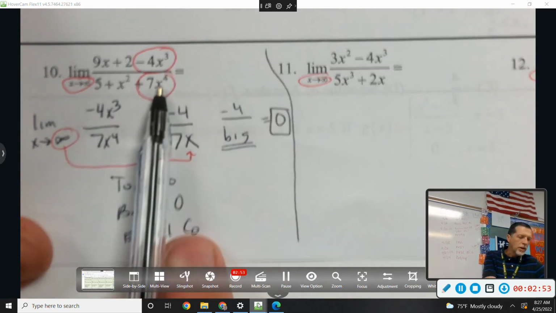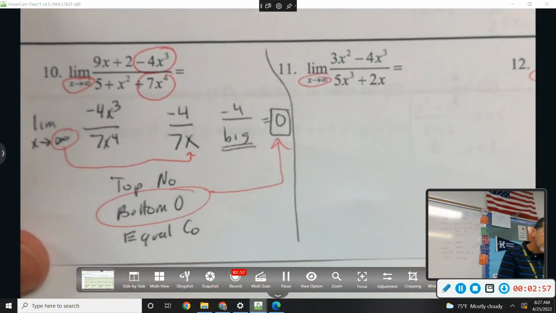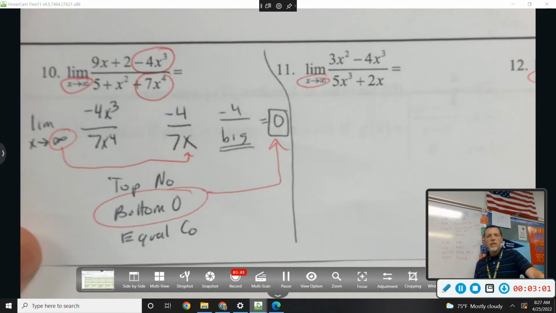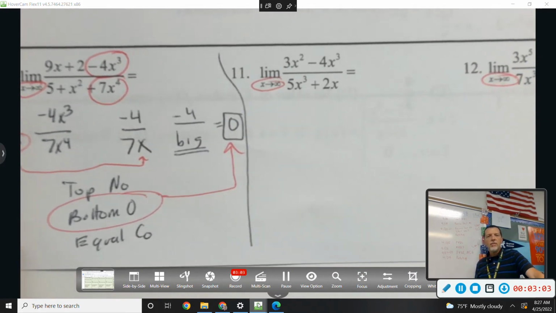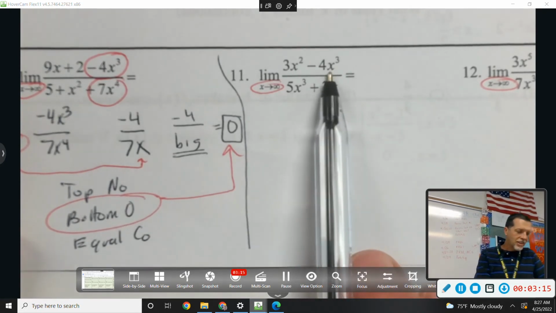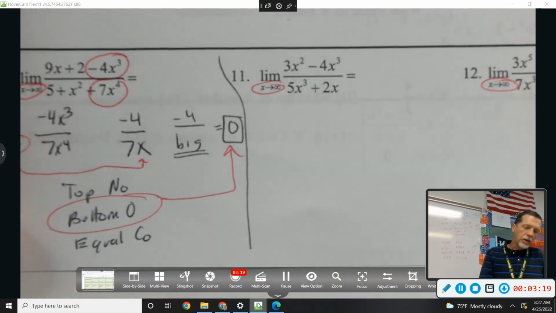Well, bigger on the bottom, so this was a bottom O case. And since there's 3 infinity limits and 3 cases, I bet there's one of each without actually doing them. It's not hard to see. 11 is equal co, and 12 is top no.